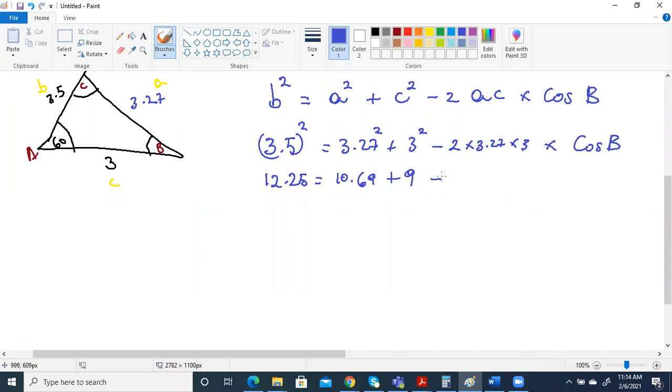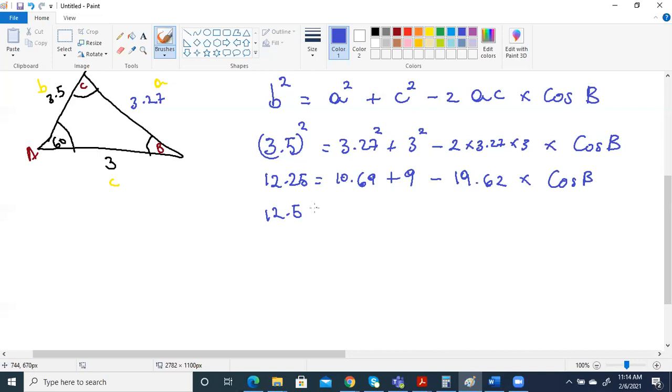So multiply these now. 2 times 3.27 times 3, 19.62. Yes, I got that as well. 19.62 times cosine B.